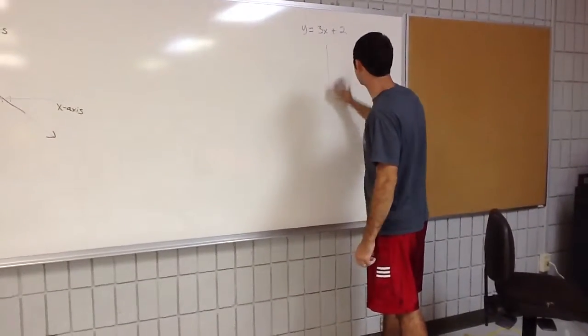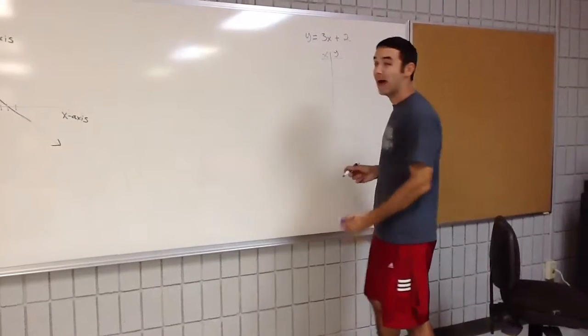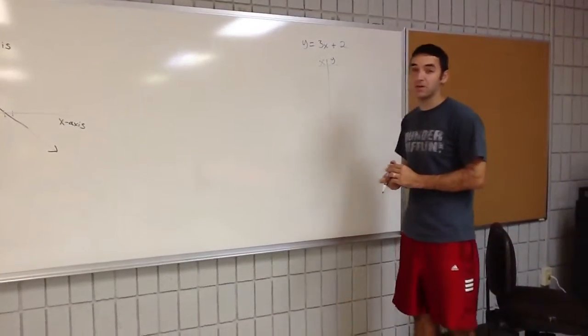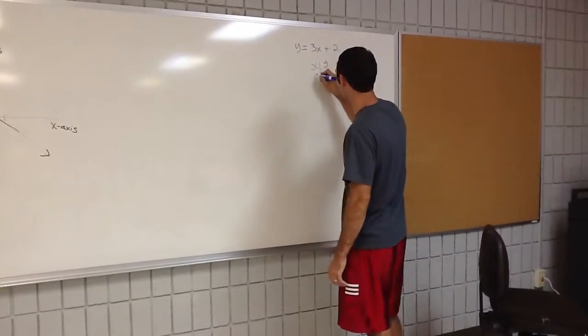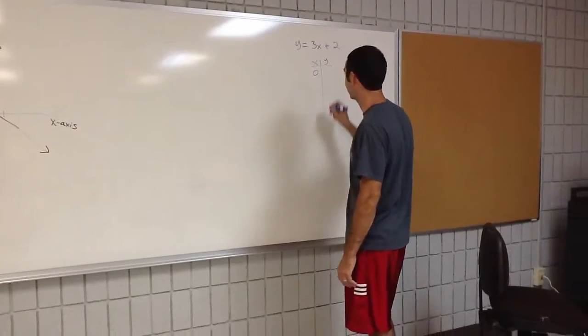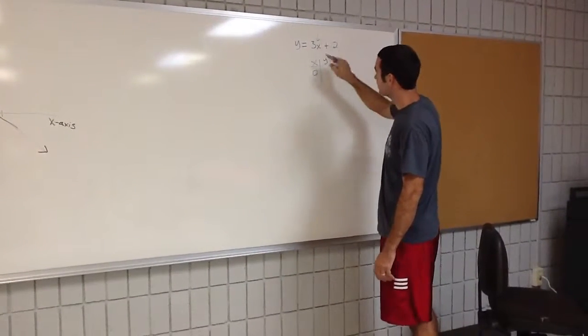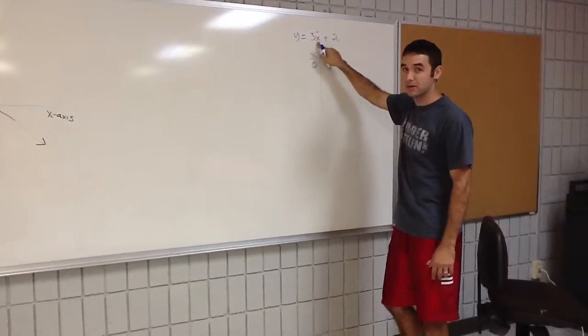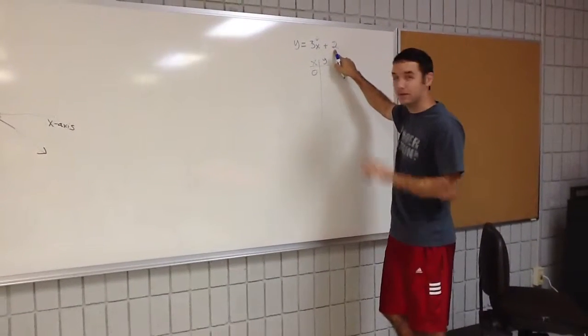So, draw your t-table. You can pick any numbers you want to, it doesn't matter. I pick smaller numbers just because I like smaller numbers. So, if I pick 0 for x, if I plug in 0 for x right here, 3 times 0 is 0, plus 2 is 2.